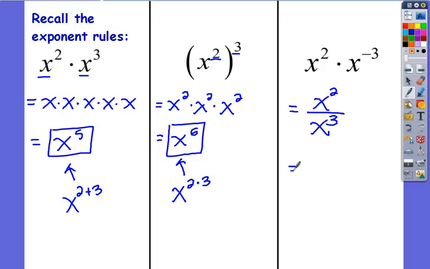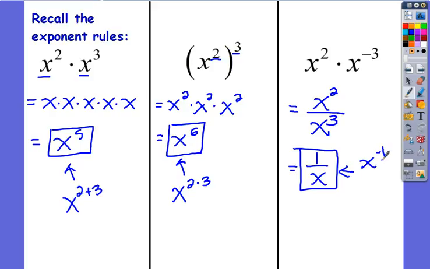So if I look at 3 minus 2, well, 3 minus 2 is 1, so there's 1 more x in the denominator than there is in the numerator. Or you could think of it as, let's see, 2 minus 3 is negative 1, so I'd have an x to the negative 1 in the numerator, and then you'd make that positive to get 1 over x.